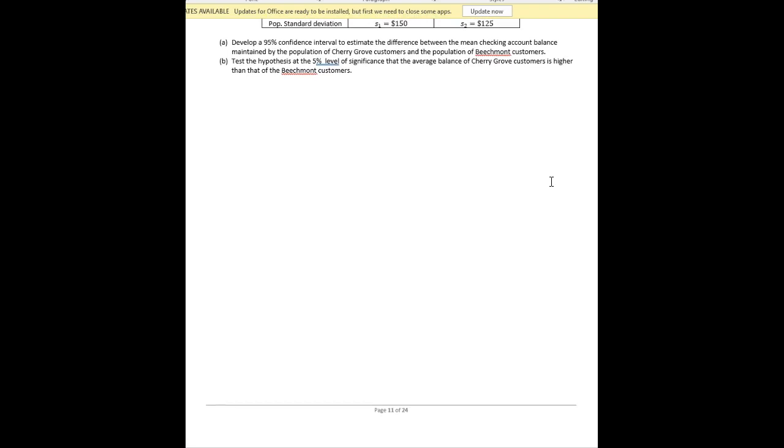So the confidence interval is going to be similar to what we did last time, except the first thing we're going to have to do is calculate this pooled variance, S_p squared.